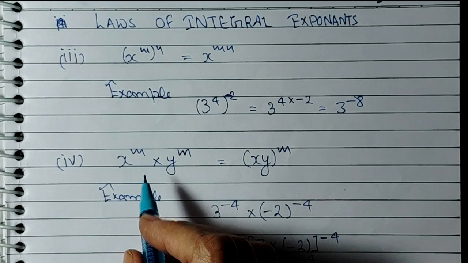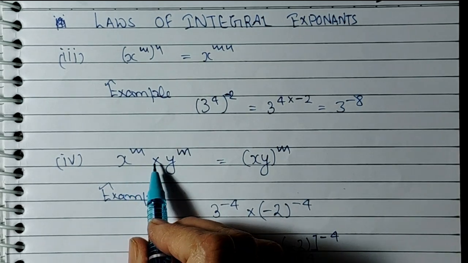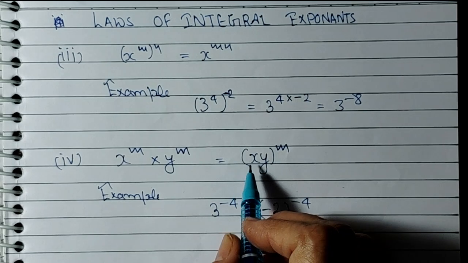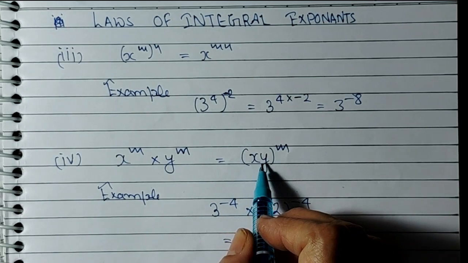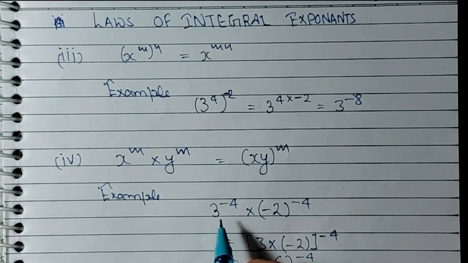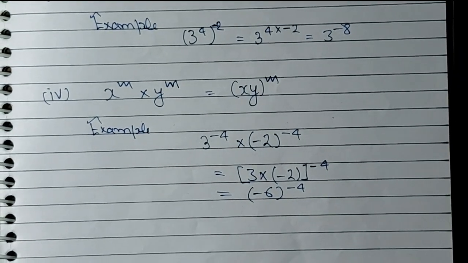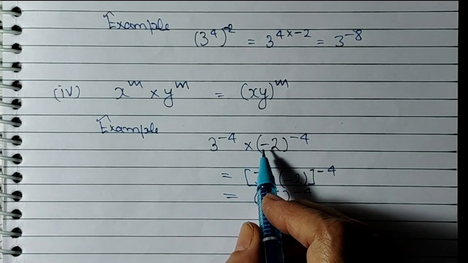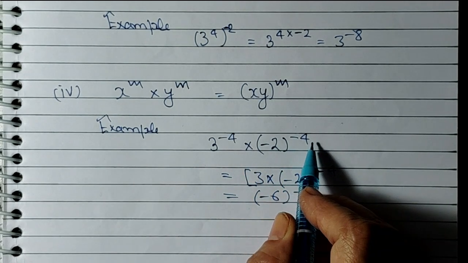The fourth law says x to the power n into y to the power n. Powers are similar, then it will be x into y to the power n. For example, it is 3 to the power minus 4 into minus 2 to the power minus 4.